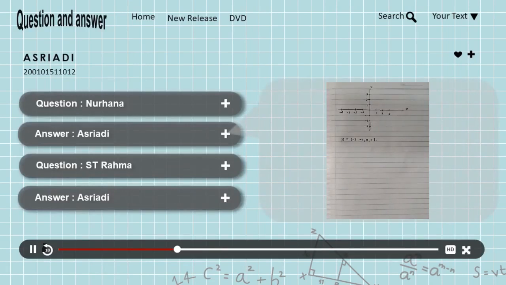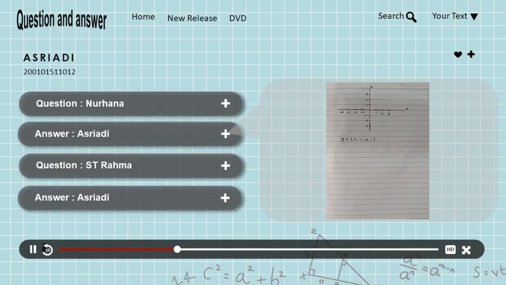Bismillahirrahmanirrahim. Thank you very much for the question. I will answer the question from Nurhana, group 2. If the value of the domain is constrained, is it still a definite symmetry? Yes, of course.